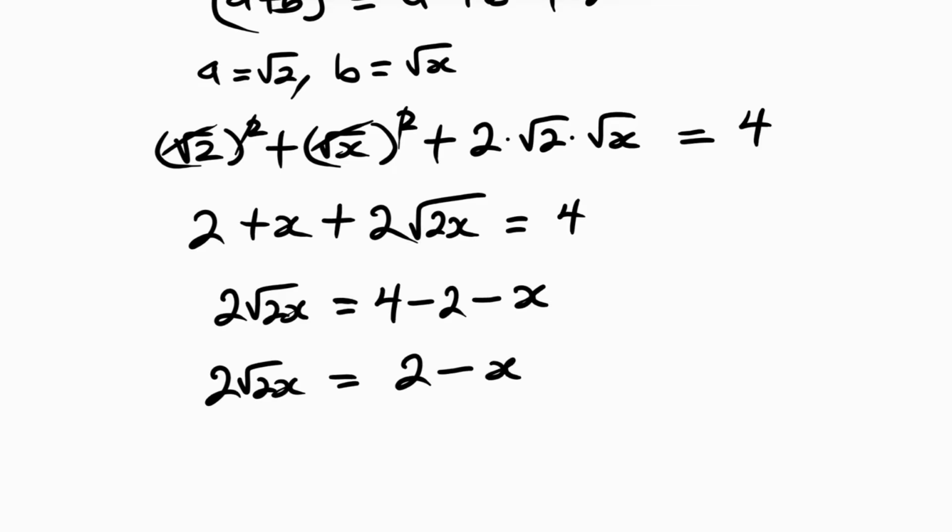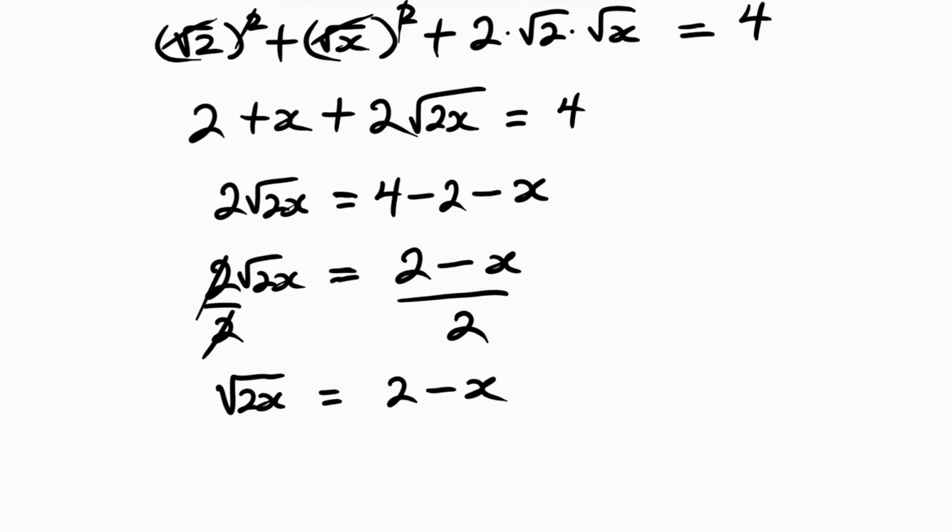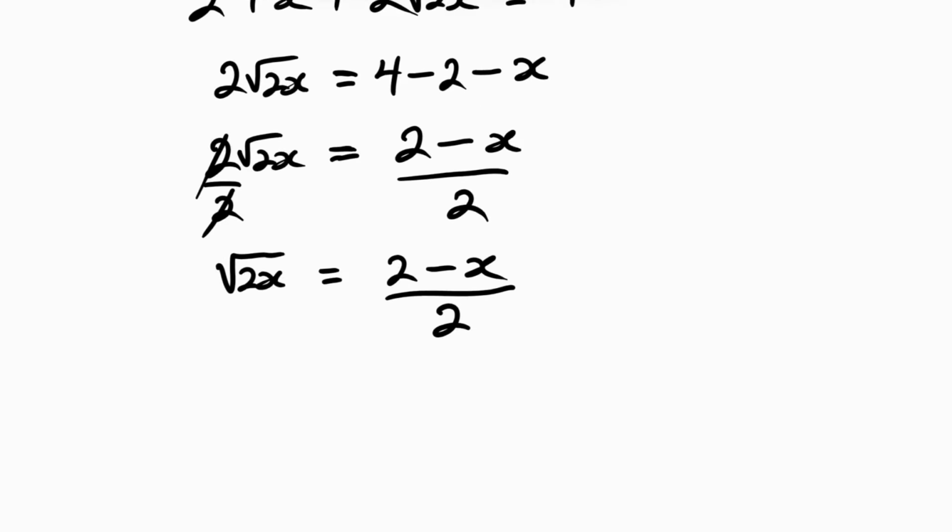Now, let us divide both sides by 2, so that what we have left is root of 2x equals (2 minus x) divided by 2. Now, what can we do to get rid of the square root? We can square both sides again.